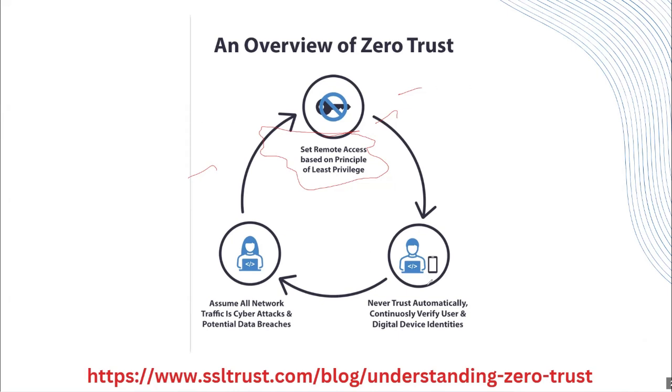Also, never trust automatically, and continuously verify user and digital device identities. If you remember, in the last session I talked about how we can authenticate people and how we can authenticate systems, right? Authenticating people is using those 5 authentication factors that we discussed now, and continuously verifying digital device identities is using the digital certificate.